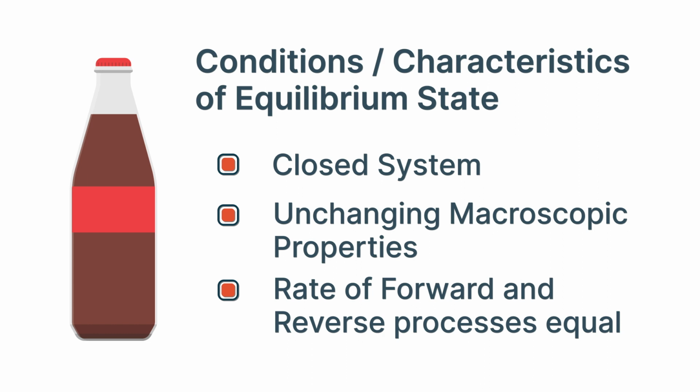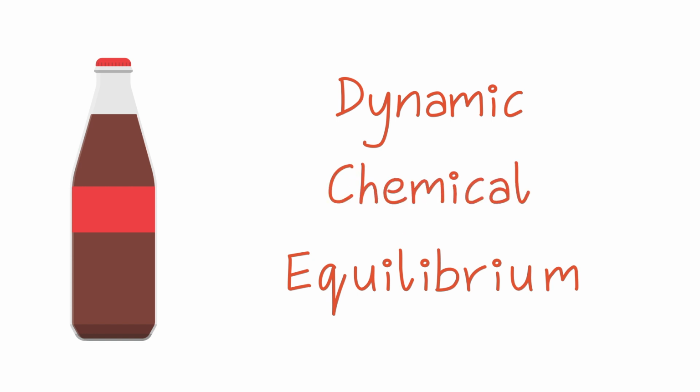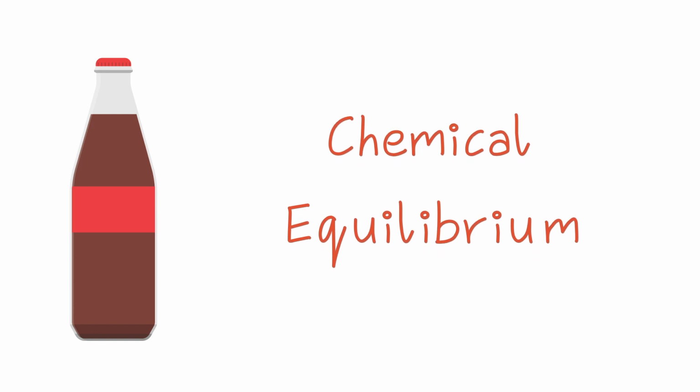Carbon dioxide is leaving and entering the solution at the same rate, so there is no change in the pressure and the amount of carbon dioxide dissolved. They are both constant. The same principles can be applied to dynamic chemical equilibria, where we reach equilibrium through chemical reactions rather than through physical changes of state. For simplicity, we tend to just refer to this as chemical equilibrium, dropping the dynamic as it's understood.